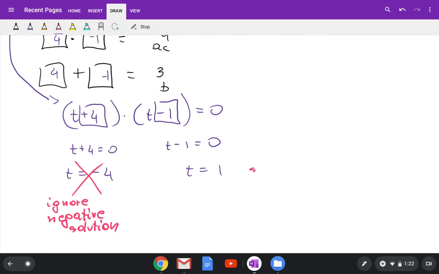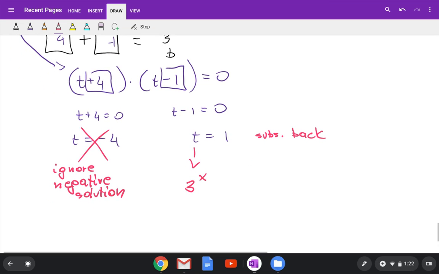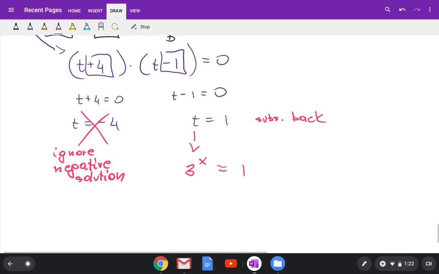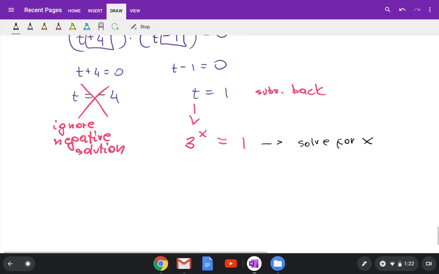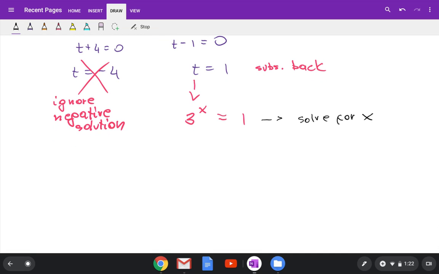Now we're going to substitute back. So t is the same as 3 to the power of x equals 1. And now we just need to solve for x. I'm going to solve it using the one-to-one property.